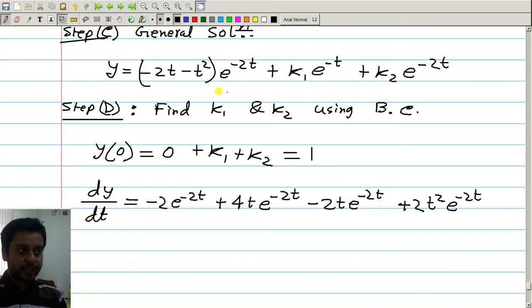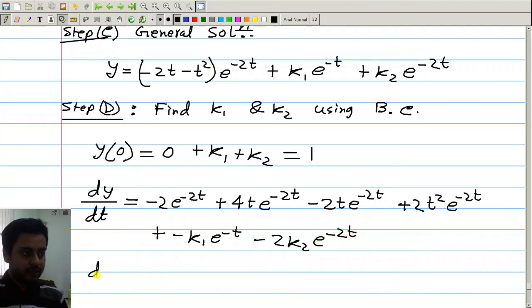This is what we get from the first term. Then from here, minus k1 e to the power minus t and minus 2k2 e to the power minus 2t.